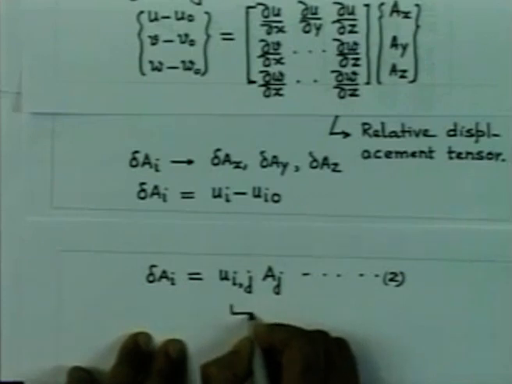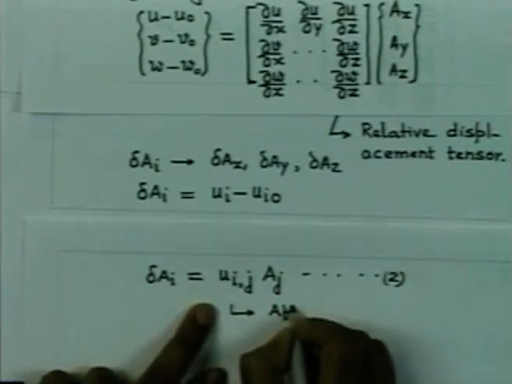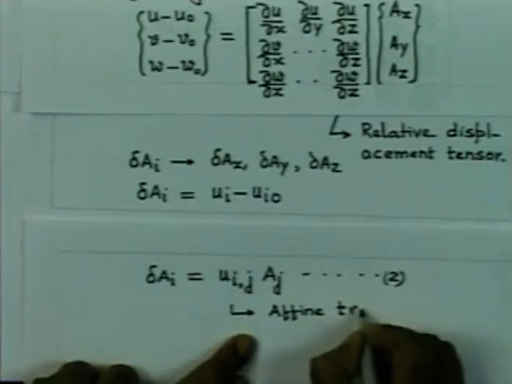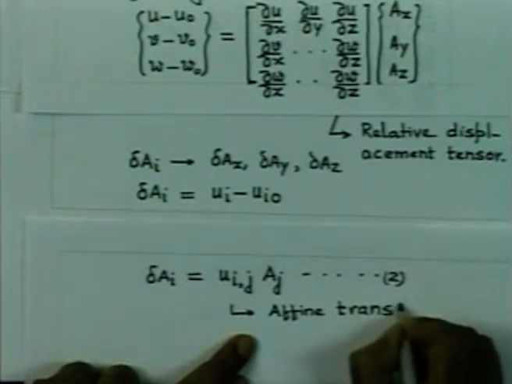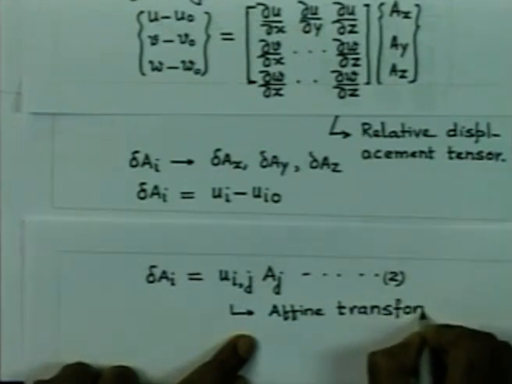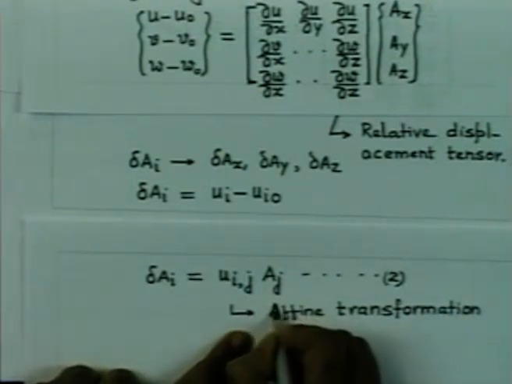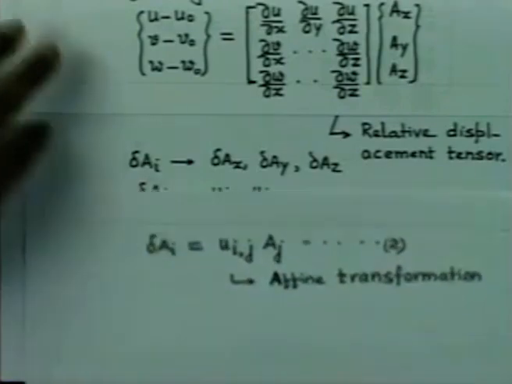This is known as affine transformation. Now, the changes in the length in the x, y and z direction between the 2 points is given by this affine transformation.